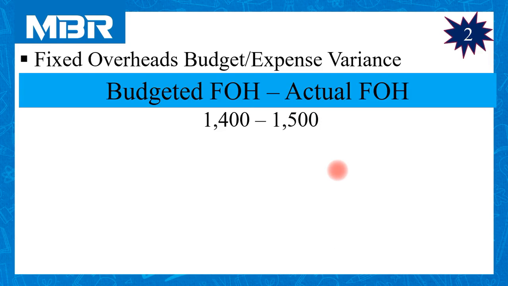In your question, budgeted fixed overheads are given as rupees 1400 and actual fixed overheads are also given as rupees 1500. Budgeted expenditure is rupees 1400. On the other hand, we have actually paid rupees 1500. So there is a difference of rupees 100 and it is adverse because we have paid more expenses than that of budget.